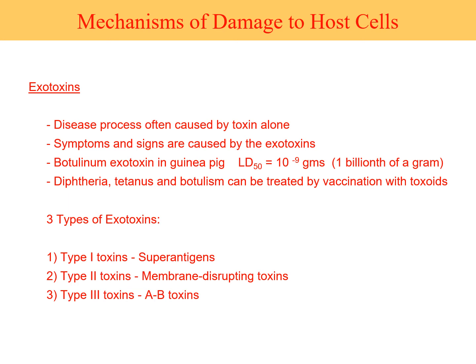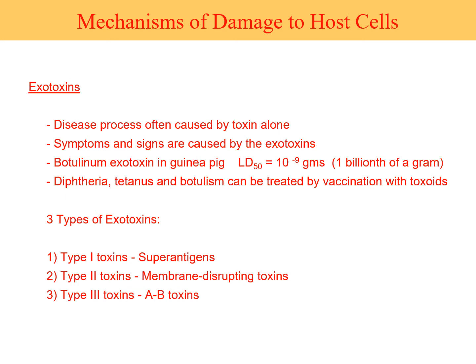The LD50, the lethal dose that will kill 50% of a population group of guinea pigs tested with it, is 10 to the minus 9 grams. That's 1/1000th of a gram is enough to kill. If you give each animal in a group, say you inject 20 animals with 1/1000th of a gram each, 50% will die.